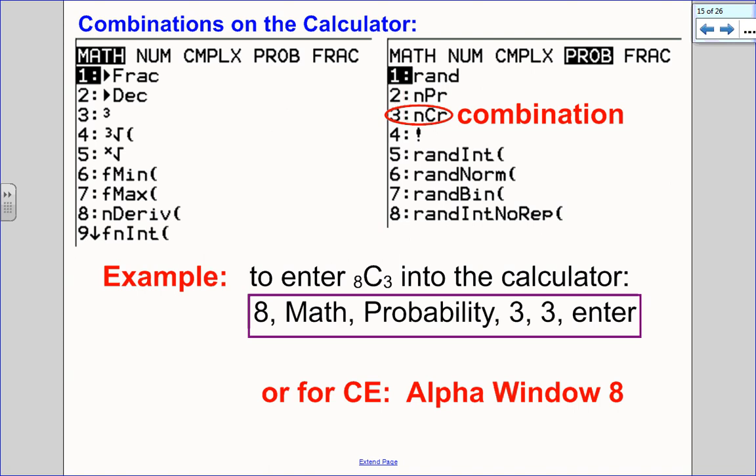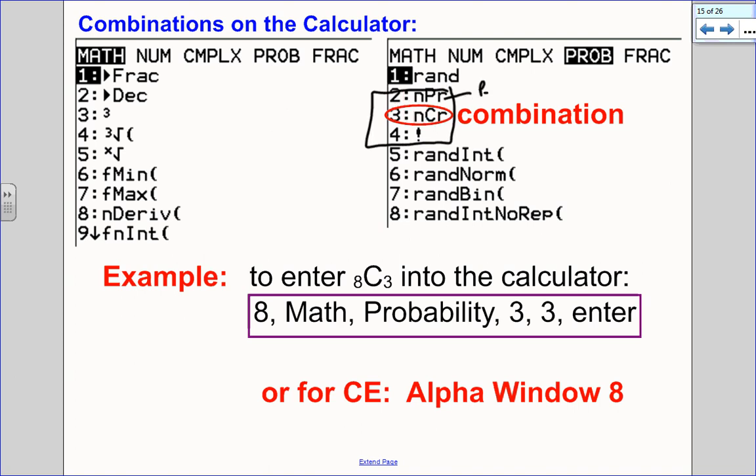So the same place that we went for factorials and permutations is the same place you find the combinations. For those of us with the TI-83 or TI-84, you're going to go into your math function, go all the way over to probability, and really it's these options here that we're going to be working with this whole chapter.